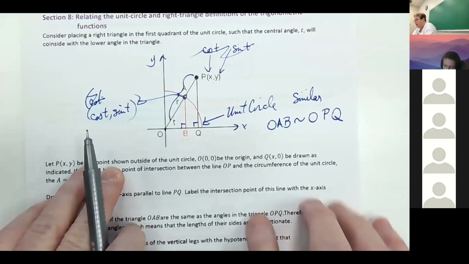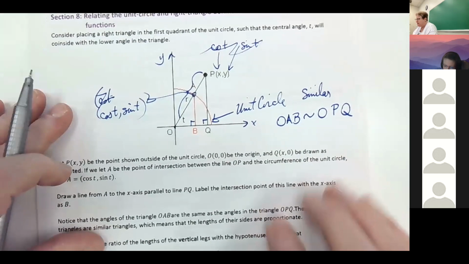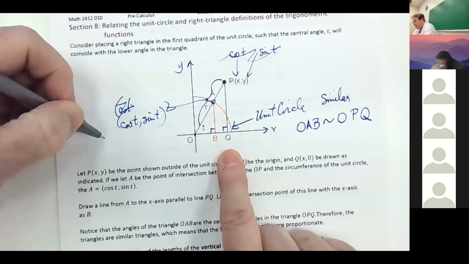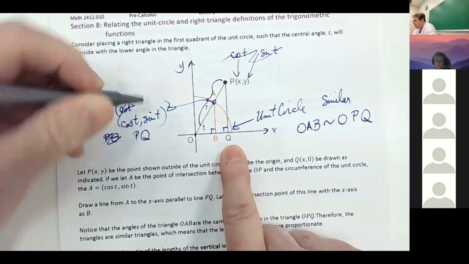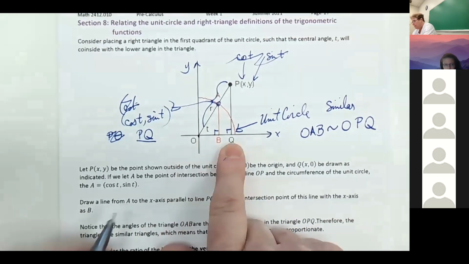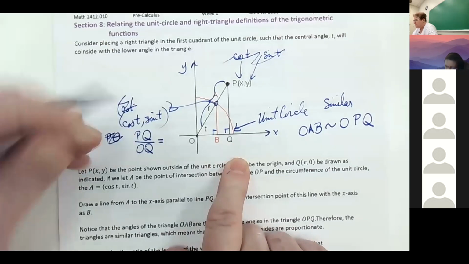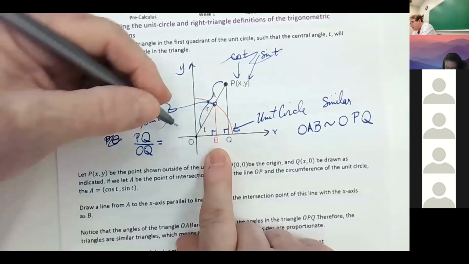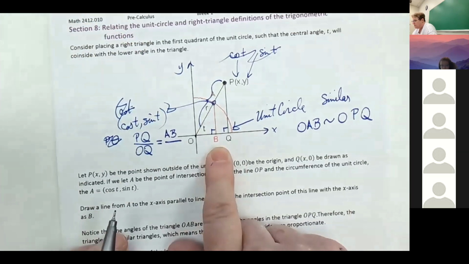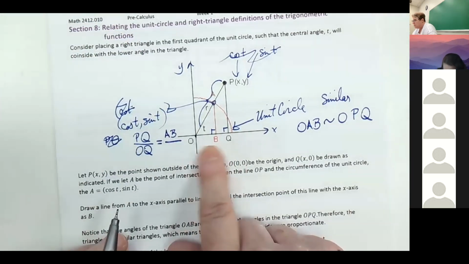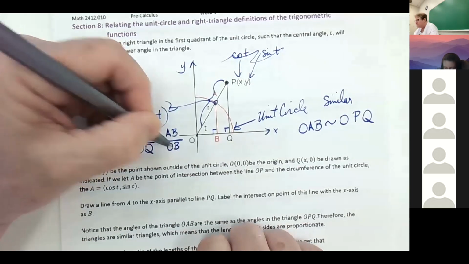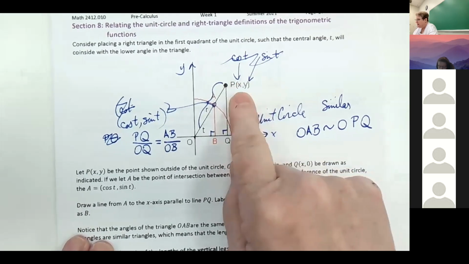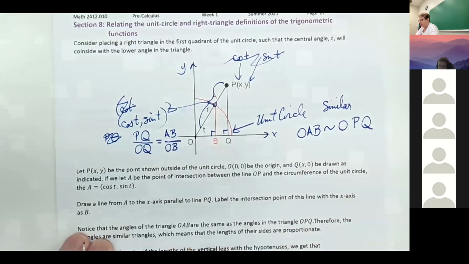That means that we can write proportions for the sides. That means things like P to Q divided by O to Q has to be the same as, let's look at the vertical distance, AB divided by OB. So we can figure out how to talk about this point P by looking at these different relationships.